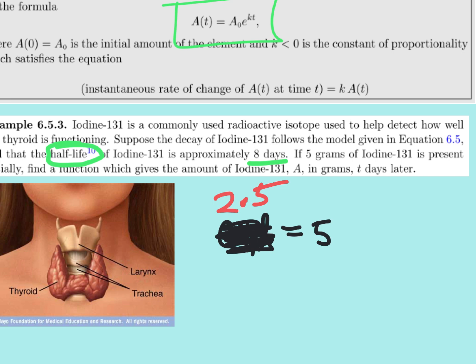Do you get how we needed to use that half-life information? If we started with 5, we will have half of that at the end. Okay? And now we have e to the kt. Well, what's k? I don't know. That's the whole point. You're going to try to solve for k. And then what's t? What was the time? 8.